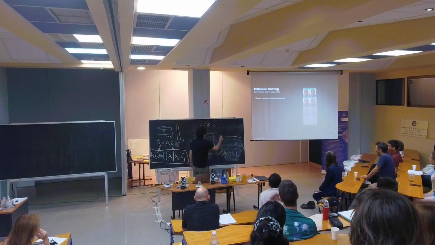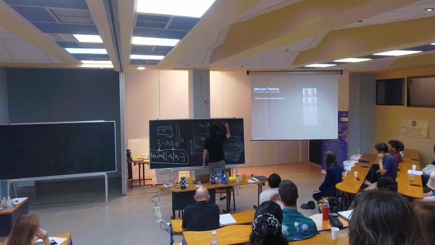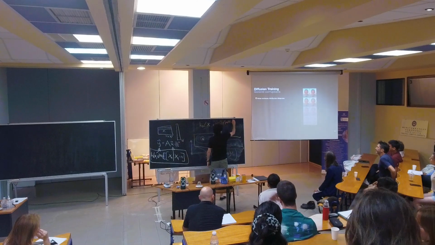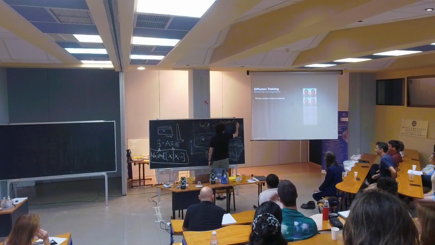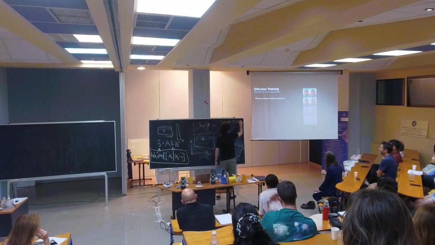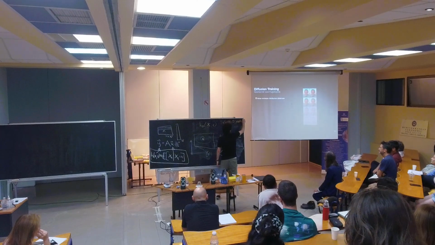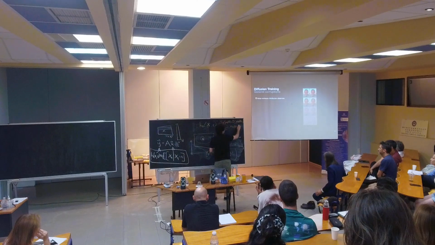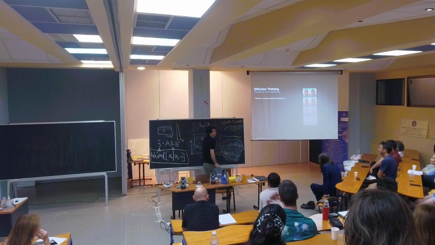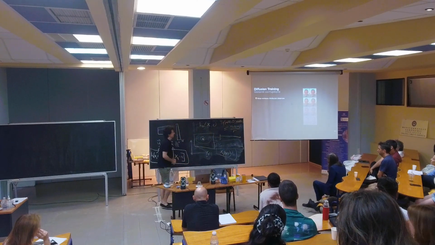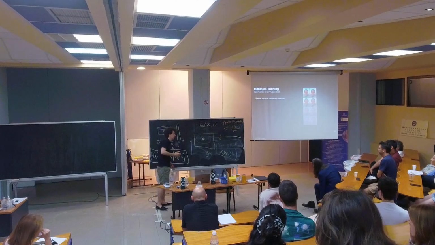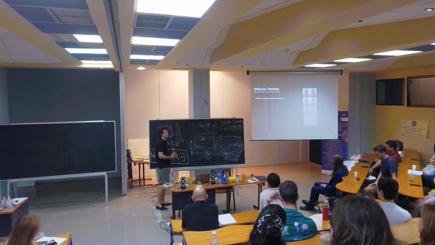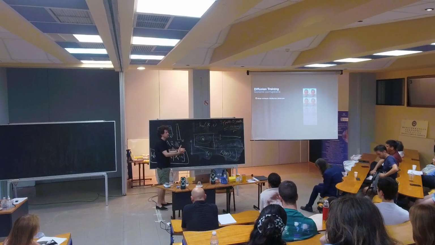The TV distance between P convolved with the Gaussian and Q convolved with the Gaussian is upper bounded by the TV before the convolution over sigma. So the more Gaussian noise I'm adding, the closer they become.